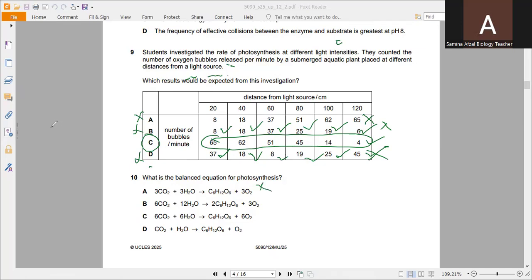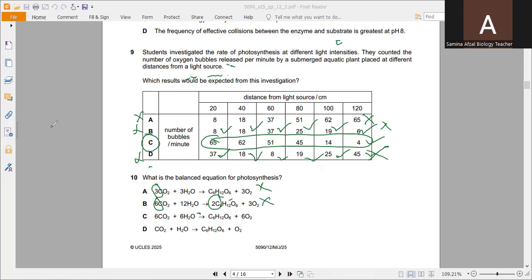The second has 6 carbon dioxide and 12 water molecules. Again, we need 6 carbon, and over there are 12 carbon. So this is not a balanced equation again.